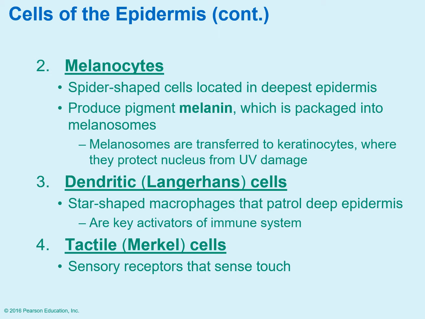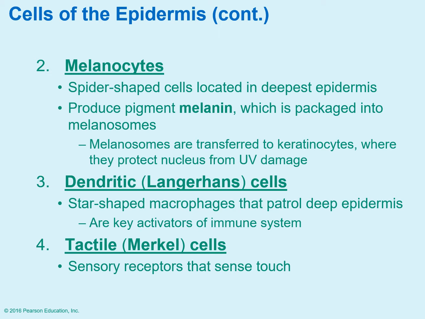There are also melanocytes. These are cells that tend to be a little bit deeper in the epidermis. They do produce a pigment called melanin. Melanin is sometimes referred to as kind of nature's sunblock. It's a protective pigment, if you will. UV light has a problem passing through the melanin.